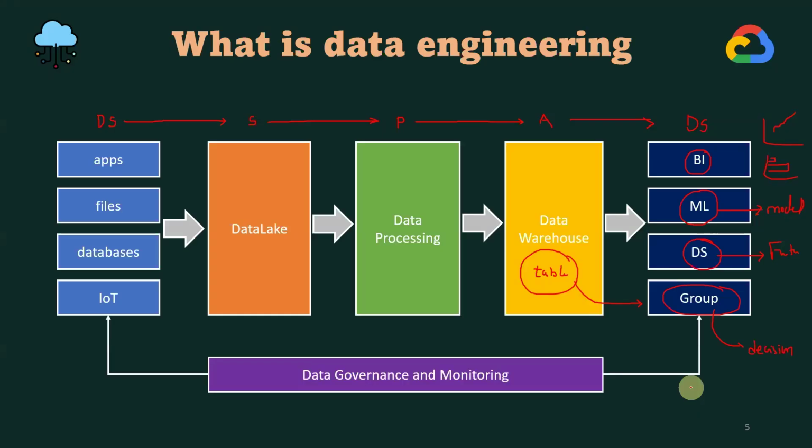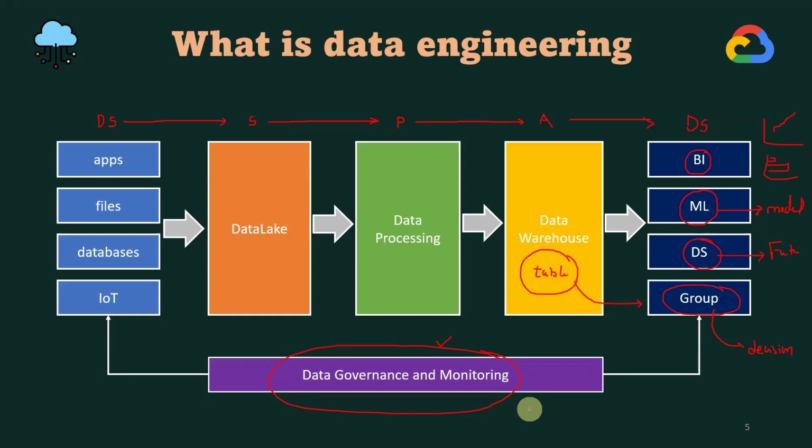One more important aspect is data governance and monitoring: making sure that your data is accurate and complete throughout the process, making sure that your data is controlled properly when it comes to access, making sure that your data is discoverable, making sure that your data is audit ready. All of those things come under data governance.